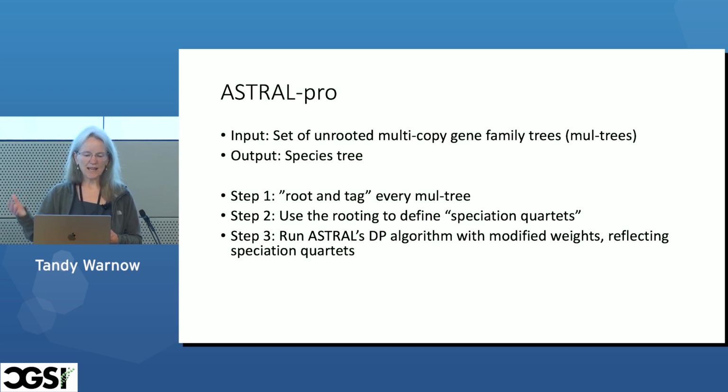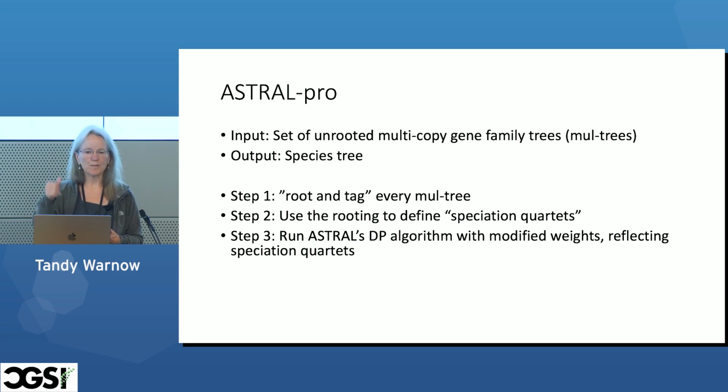In the first step, you take these multi-copy gene family trees and you root them according to your best guess at gene duplications and losses. And after you root them, you can identify each node as either a duplication or a speciation. And after you do that, you can say which are the quartet trees that you want to count.